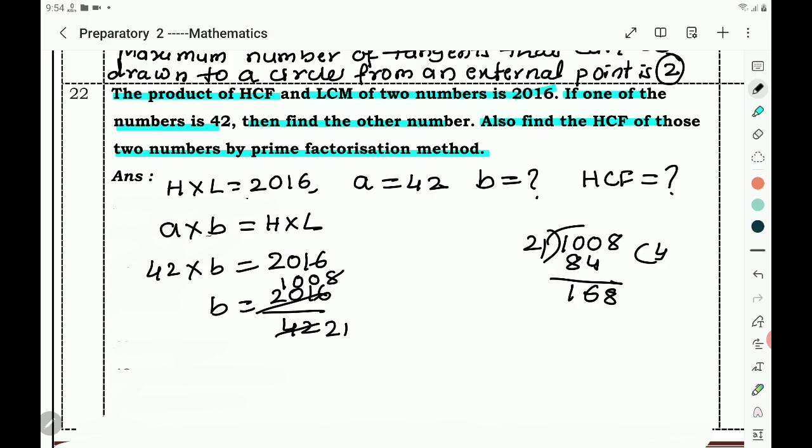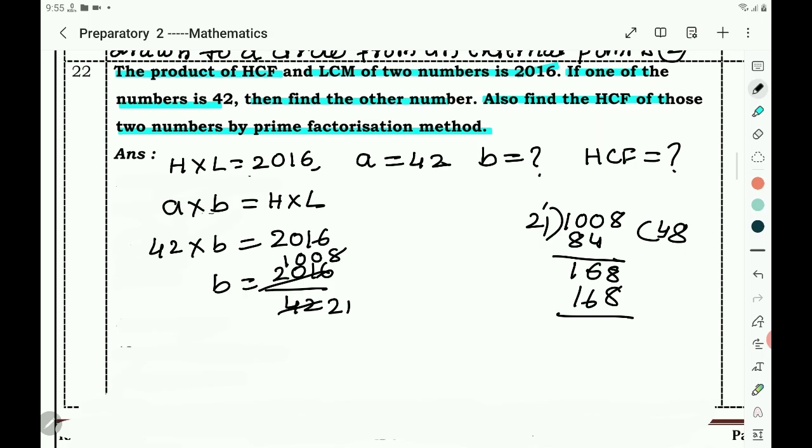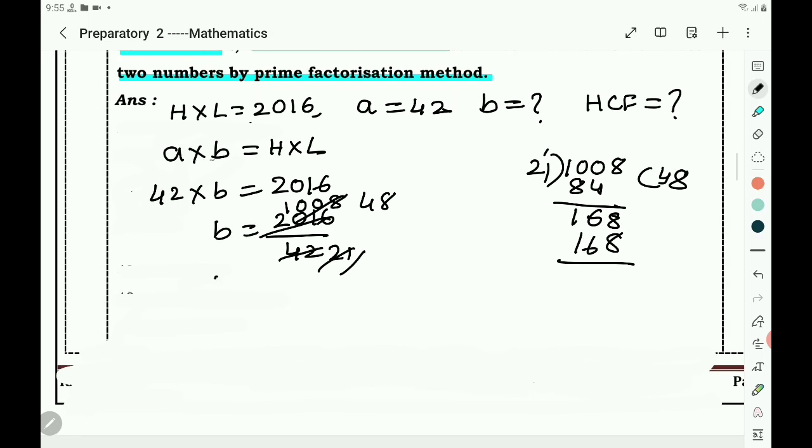Then you create 1 8s 8 is there. Then you can take 21 8s. 1 8s 8, 2 8s 16. You got 21 1s 21, 48s. B equals 48 you got.